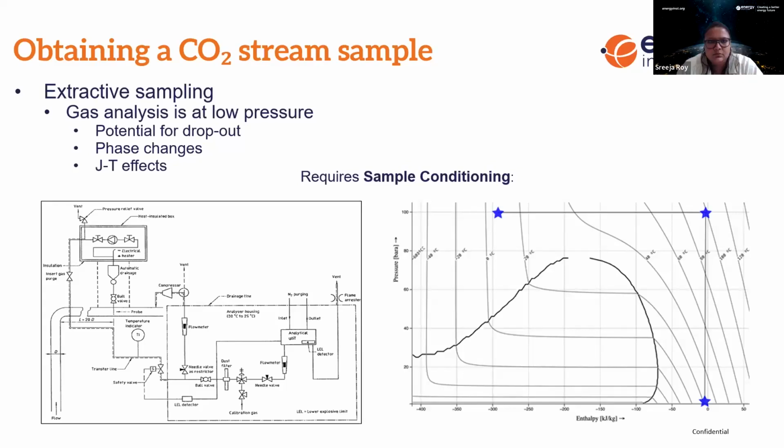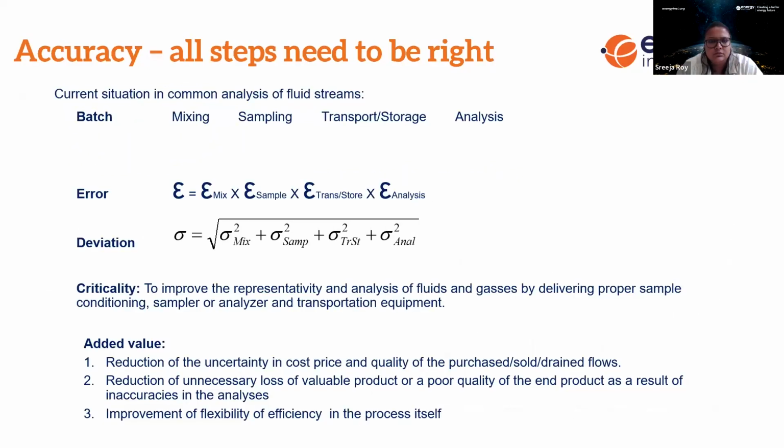We can go to the next. And if you do all of these things right, you get a right answer. But it's very important to recognize that if you do one of these steps not right, so the mixing or the sampling or the transport or the analysis, then effectively you're looking at an error or a deviation.